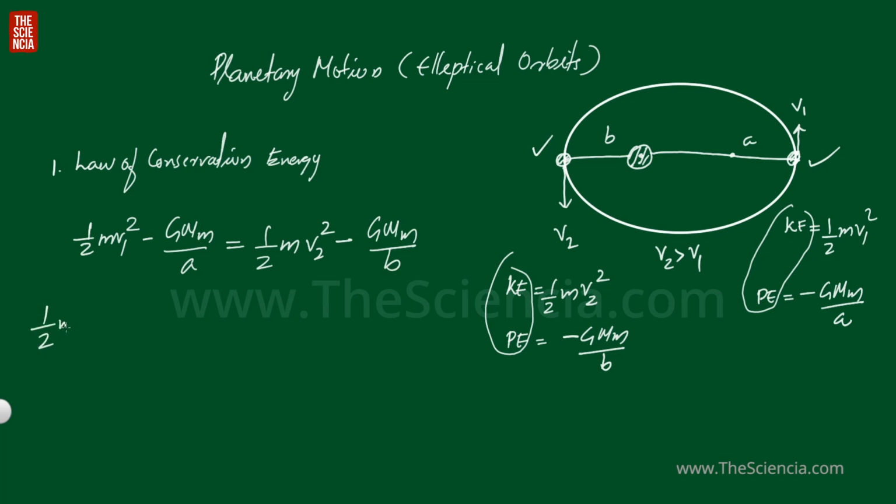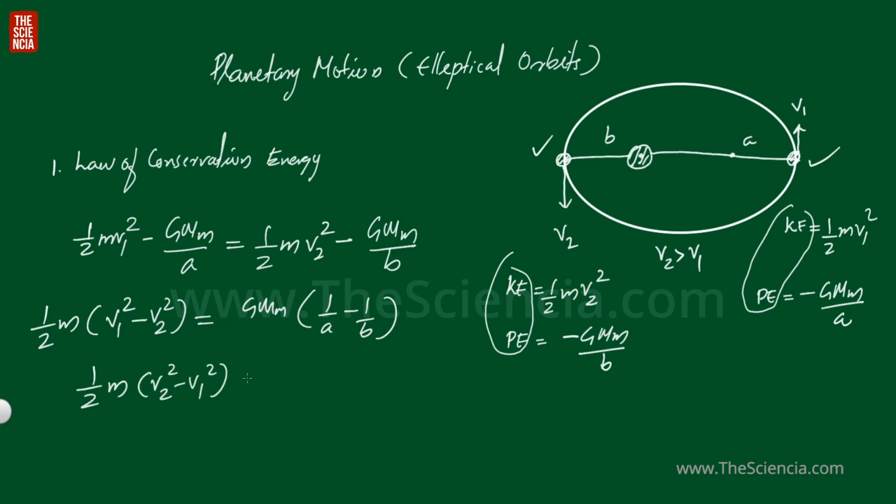Now I am taking this 1 by 2 m as a common term, so I get v1 square minus v2 square is equal to GM into 1 by a minus 1 by b. Once again I am rearranging, that is 1 by 2 m v2 square minus v1 square is equal to GM into a minus b by ab.